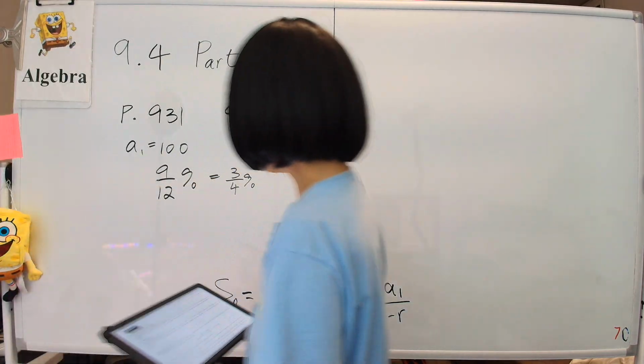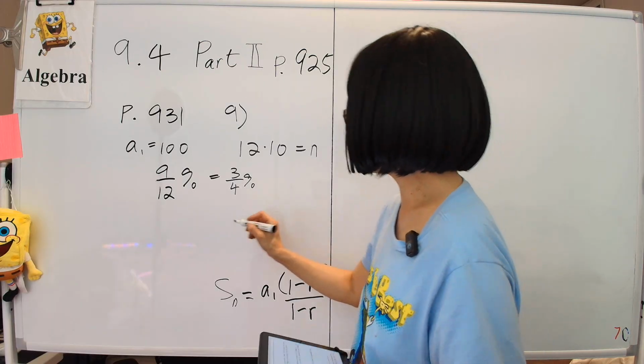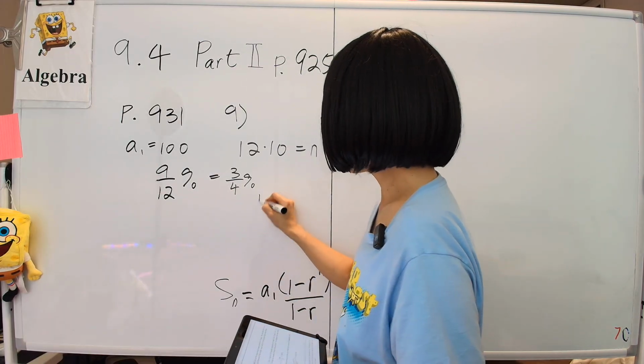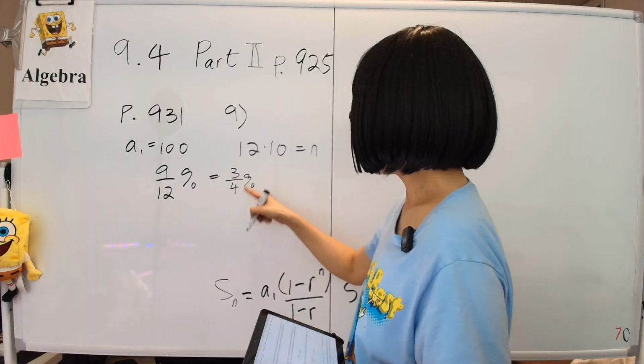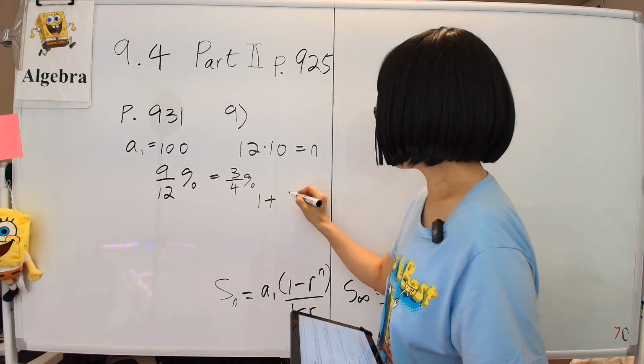Now the ratio is going to be equal to 1 plus 0.0075.